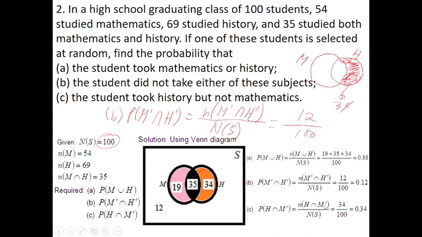So, yung event na hindi nagtitake ng mathematics yung student, over total number of possible outcomes in the sample space. So we have 34 over 100, that makes it 0.34. So we can proceed.